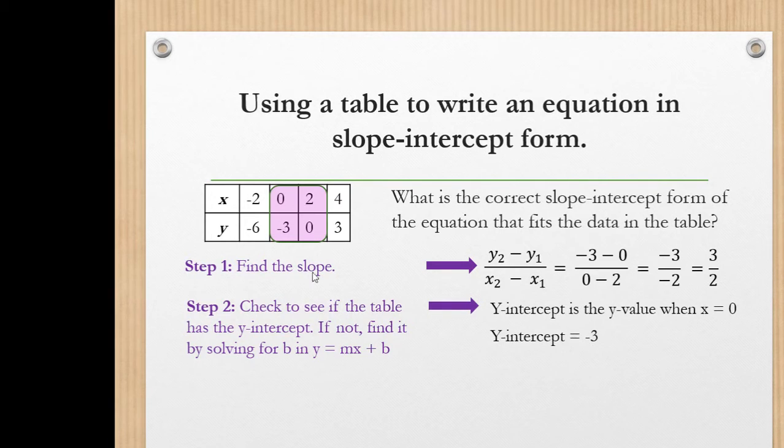In our example, the y-intercept is -3. So this time you did not have to plug it into the equation to solve for b. Now we can plug in m and b into the equation, y equals mx plus b, to get our equation. We get y equals 3/2 x minus 3.